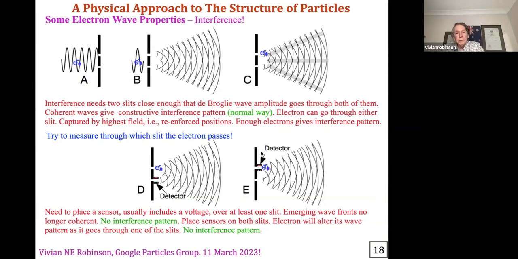If you put voltages on both of them that are exactly the same, the waves may be the same, but by the time the electron goes through one of them, it will disturb the waves through the one through which it passes. So again, you won't get an interference pattern.